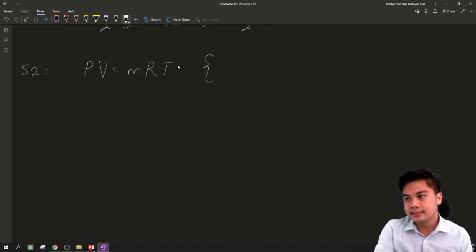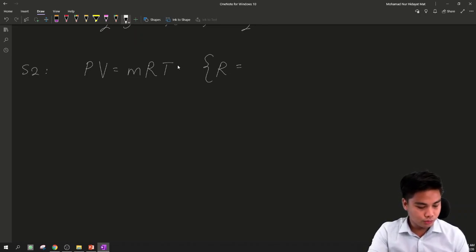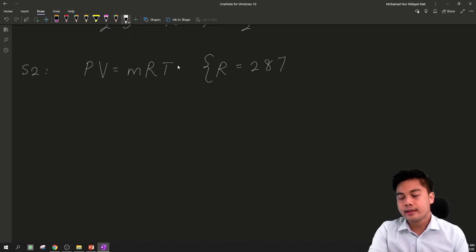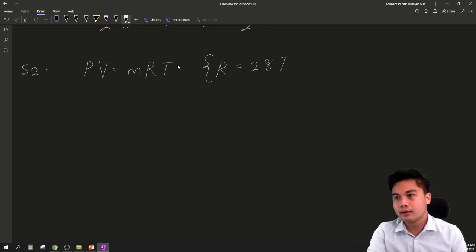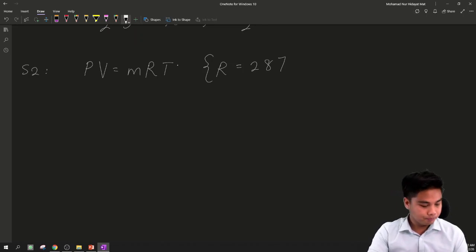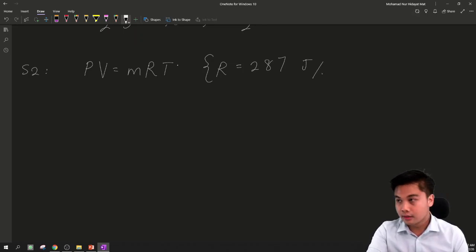In this case, the R of air is 287 joule per kilogram Kelvin. If you use the formula PV equals nRT, you have to use a different R, 8.314 joule per mole Kelvin. In this case, we are not using that one.